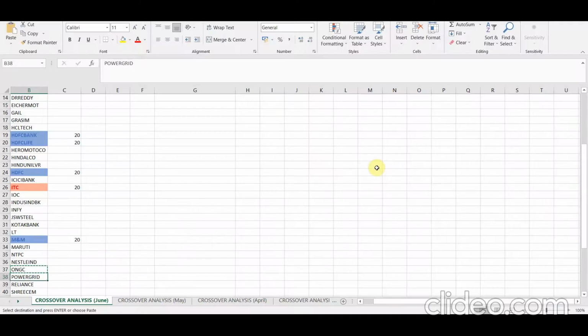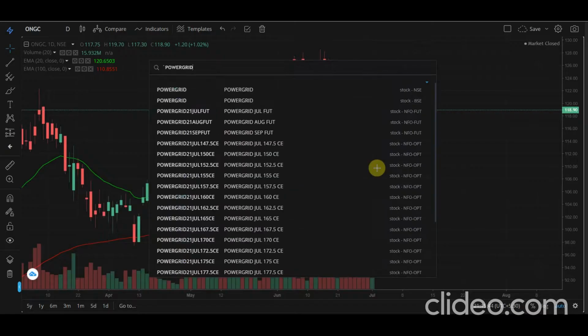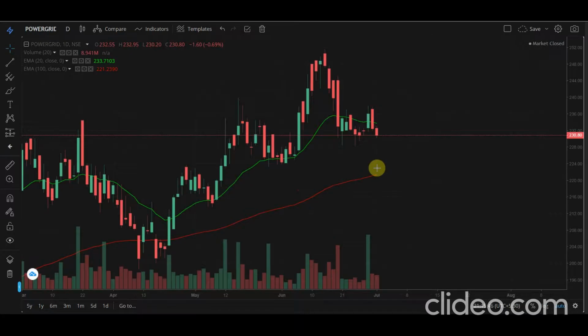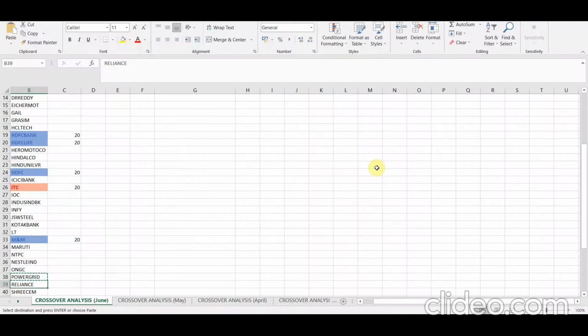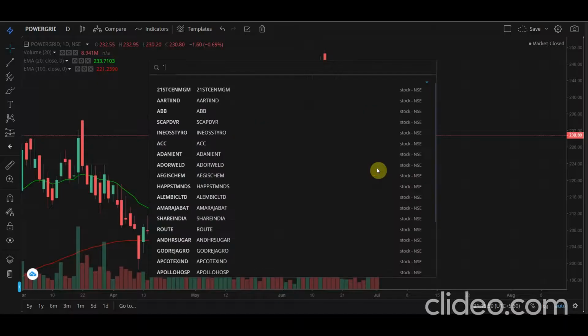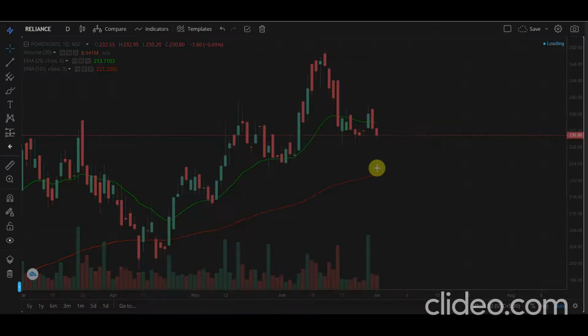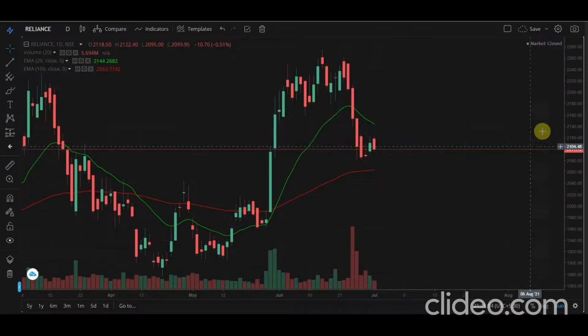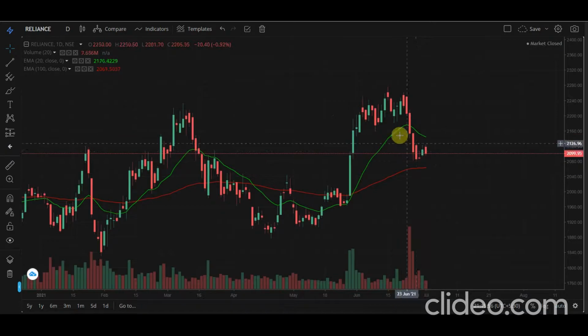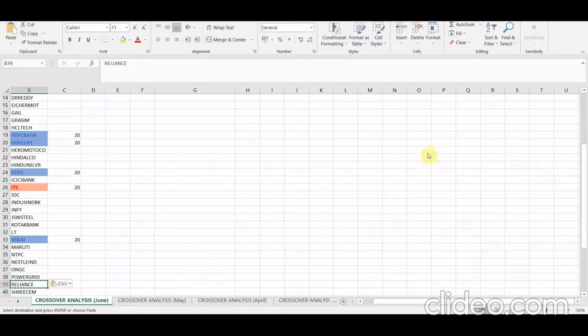So we'll move on to Power Grid. We'll move on from this. Let's go to Reliance. Yeah, it's coming downwards, but I think it might reverse from here too. But the gap is wide, so we'll ignore the stock for this particular analysis.